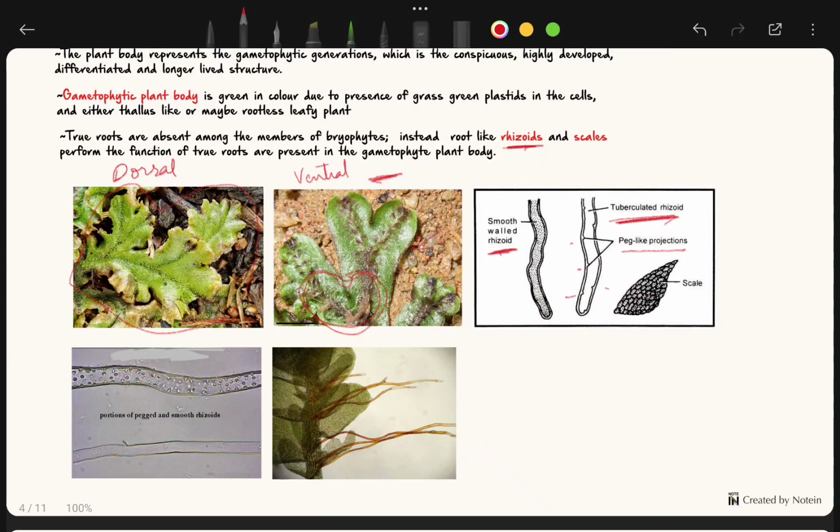So this is how the rhizoids look under the microscope. This is the smooth-walled rhizoid, and this is the tuberculate rhizoid. But in mosses, the rhizoids are somewhat different.